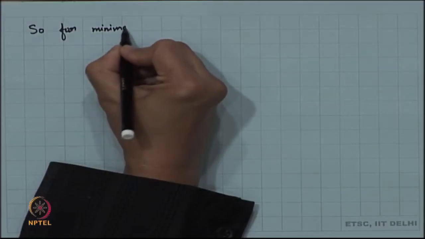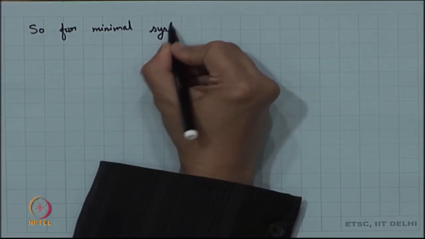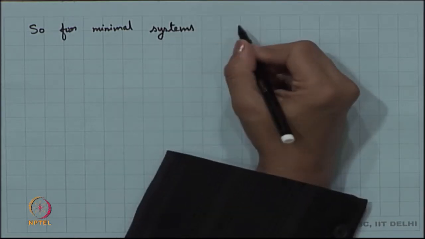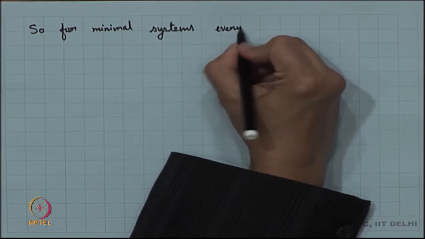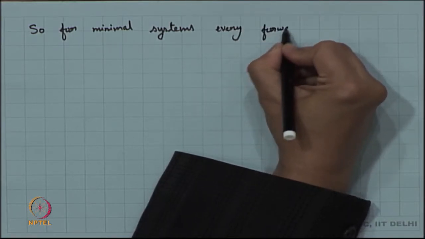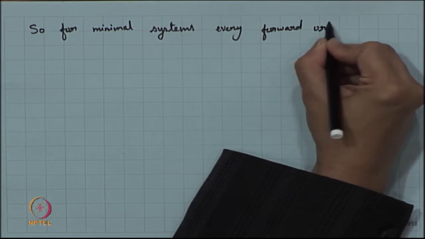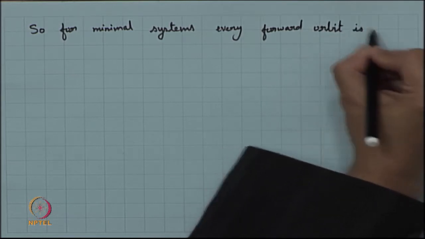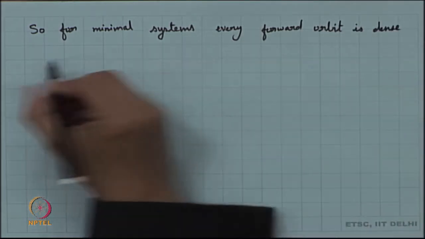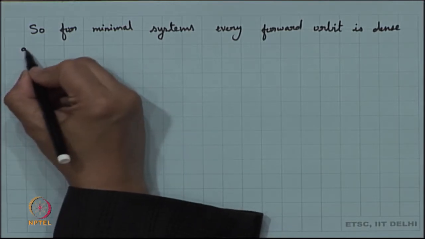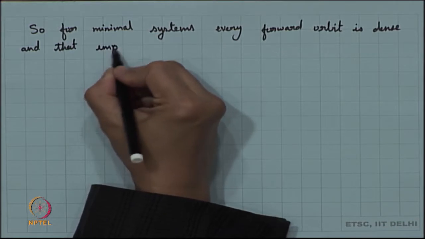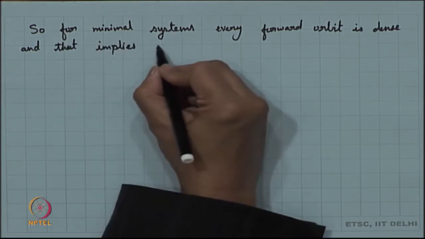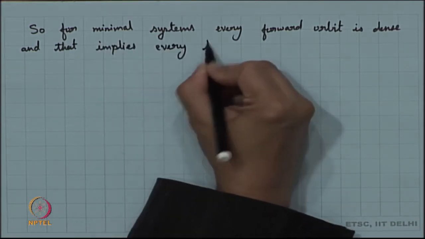So, for minimal systems, every forward orbit is dense, and that implies every backward orbit is dense.